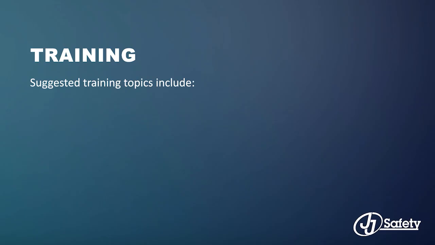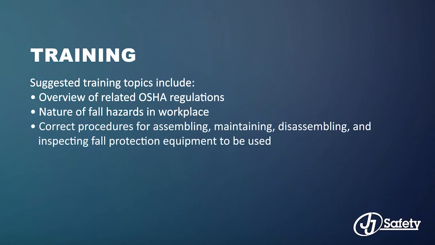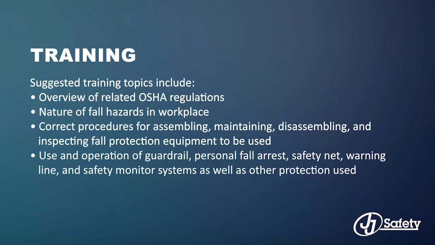Suggested training topics include overview of related OSHA regulations, nature of fall hazards in the workplace, correct procedures for assembling, maintaining, disassembling, and inspecting fall protection, use and operation of guardrails, personal fall arrest systems, safety nets, warning lines, and safety monitoring systems, as well as other protection used.